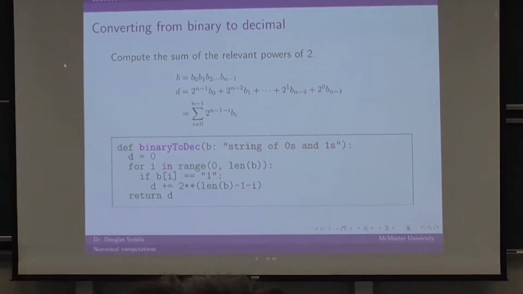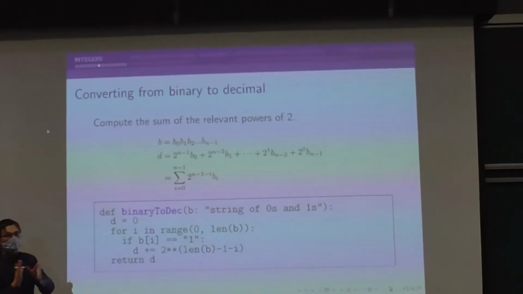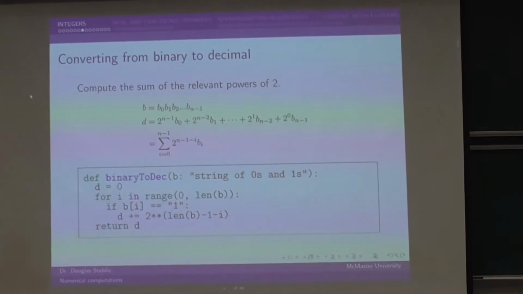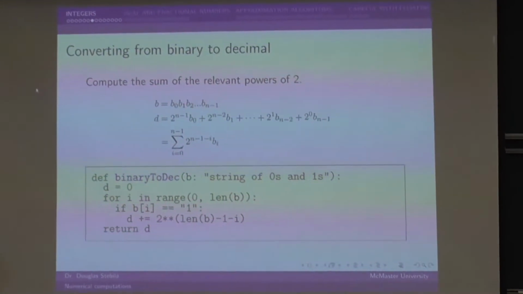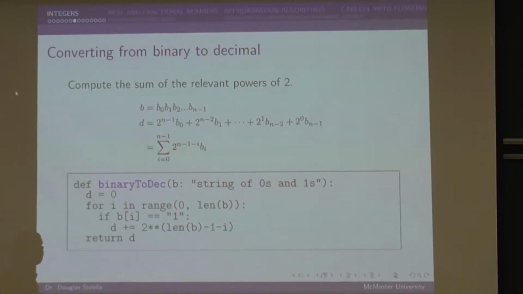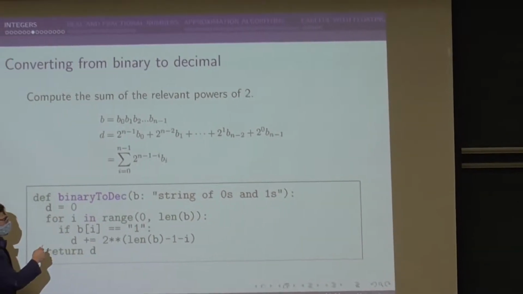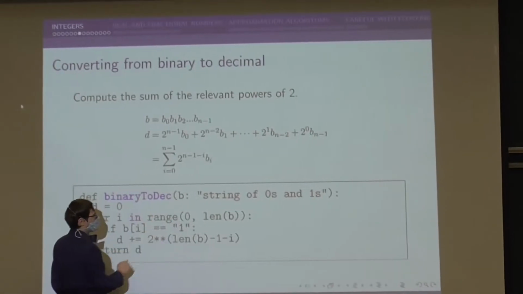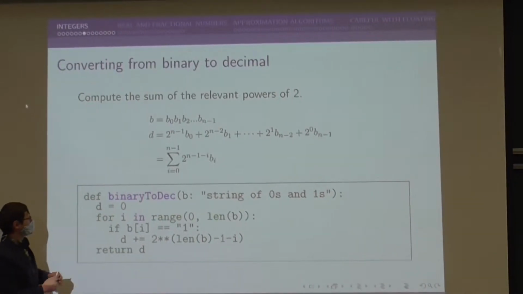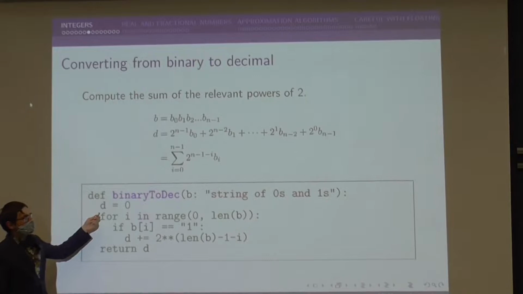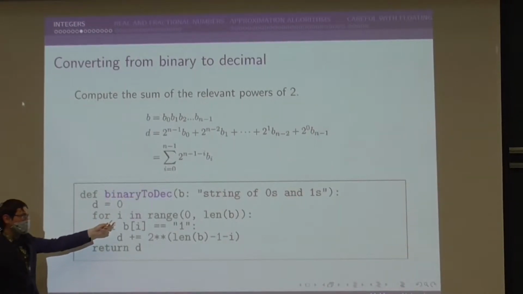All right. So anyway, if you want a Python function which performs this conversion, binary to decimal, taking some binary number b, we set a variable d equal to 0.